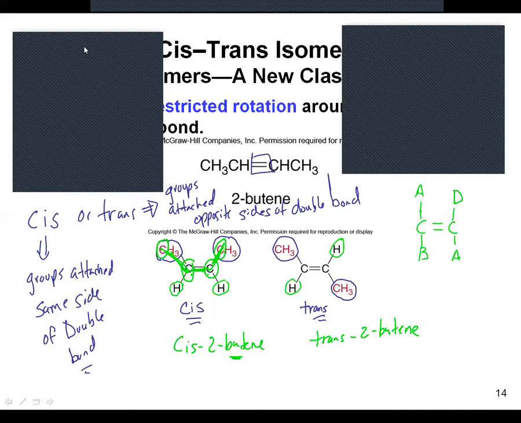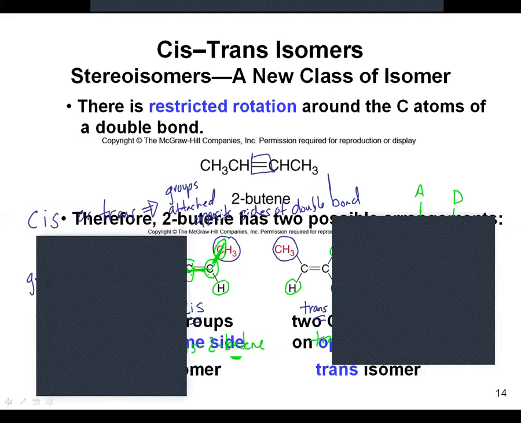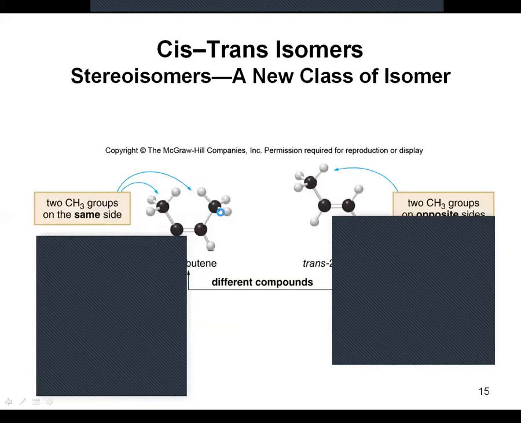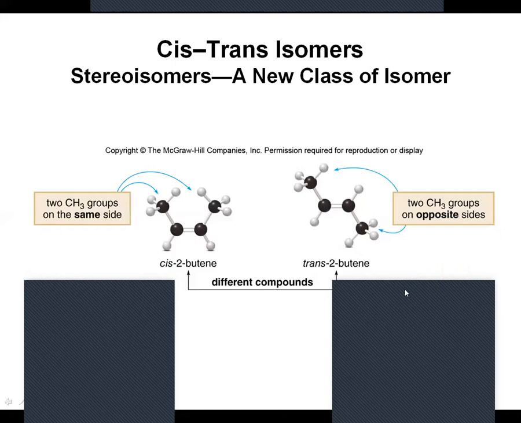So let's take a look at some examples here. There you go. So hopefully that's exactly what we were just talking about. Guess I shouldn't scribble all over the page. All right, so our cis and trans, as we can see here, these are our model structures.